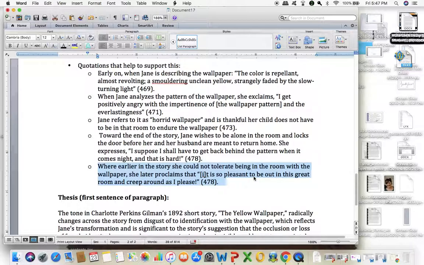Now, if I were talking about diction, which is word choice, I would definitely be talking about the word creep.